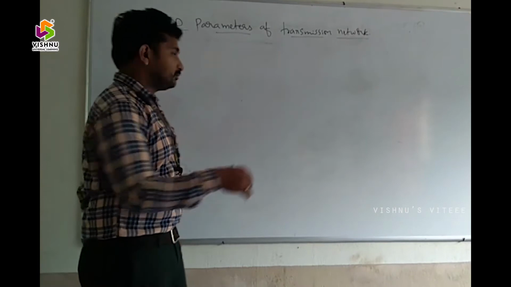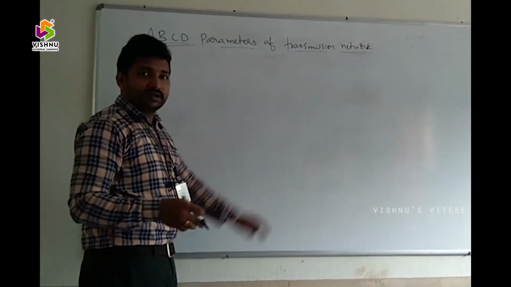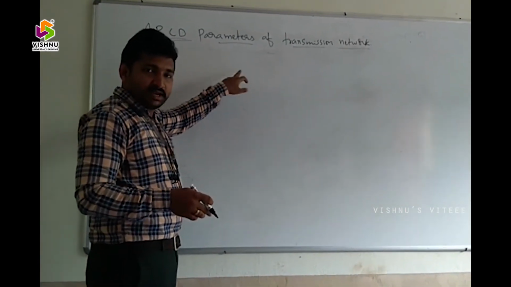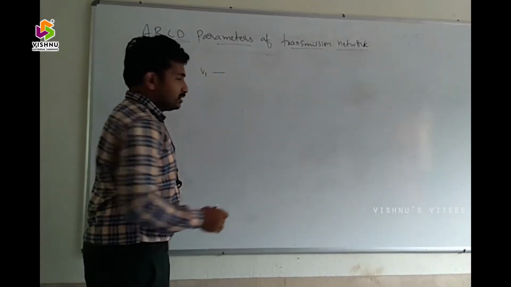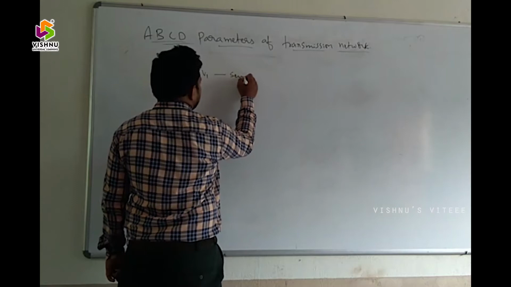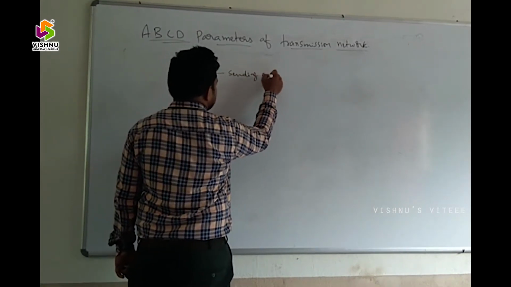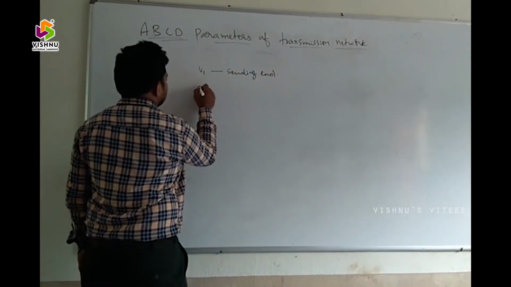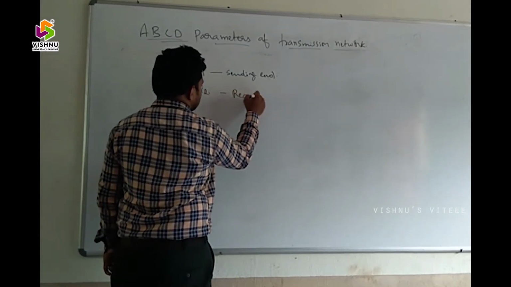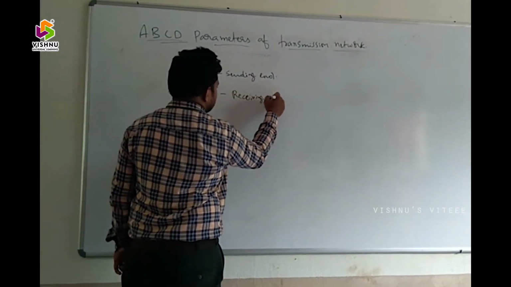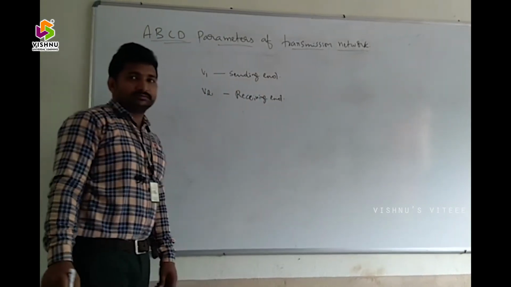When we compare the two-port network with our power system single line diagram, V1 can be represented by the sending end side and V2 by the receiving end side.